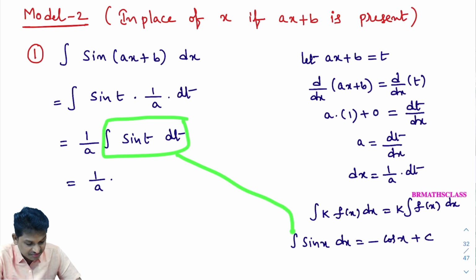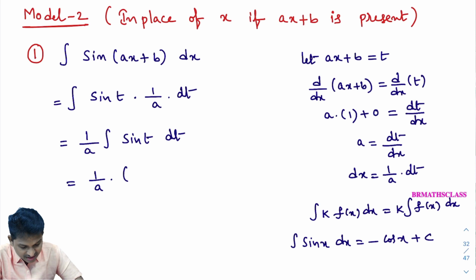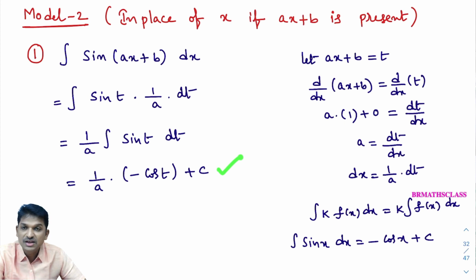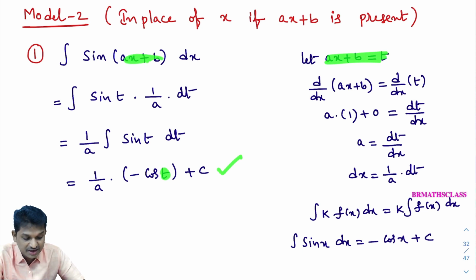I can apply this formula, as the function is in terms of t and I am integrating with respect to t. Integral of sine t dt is minus cos t plus c. After this step, t should not be in the answer, because I chose ax plus b as t. So in place of t, I'll write ax plus b.